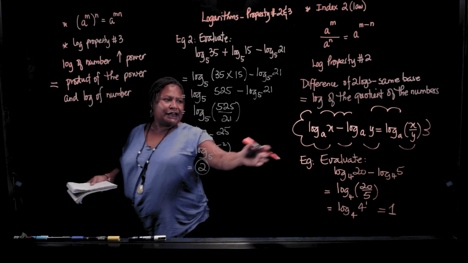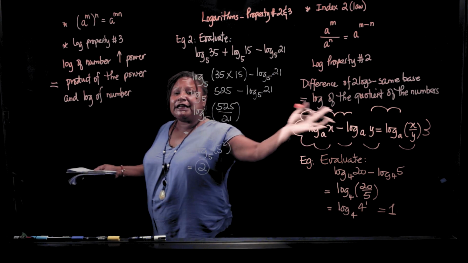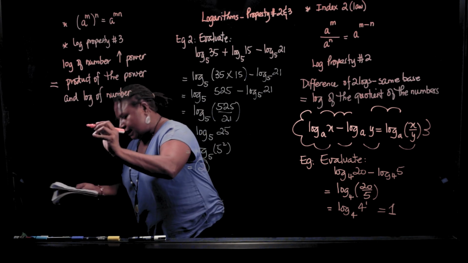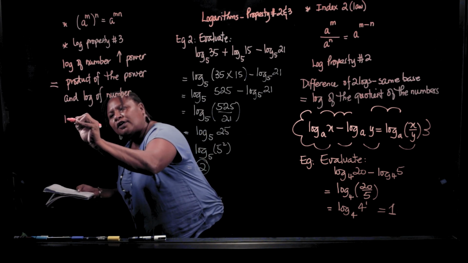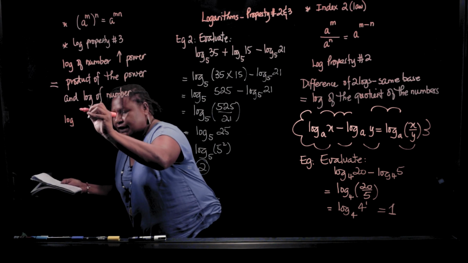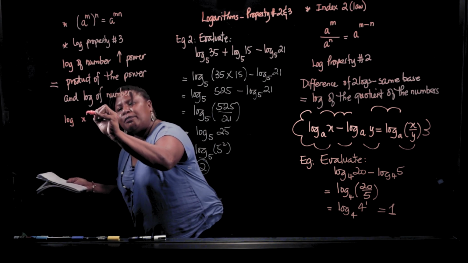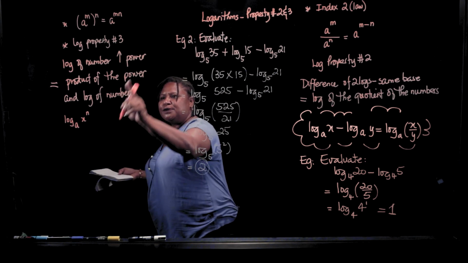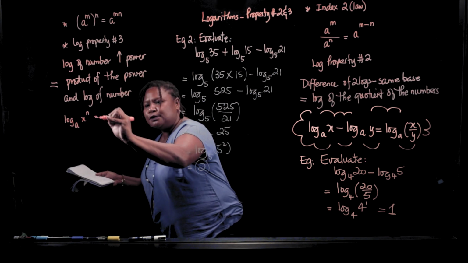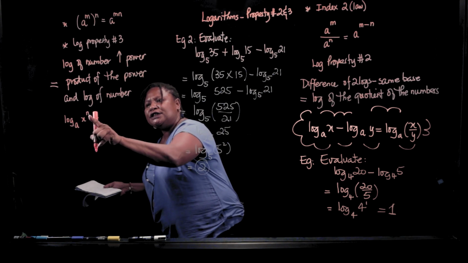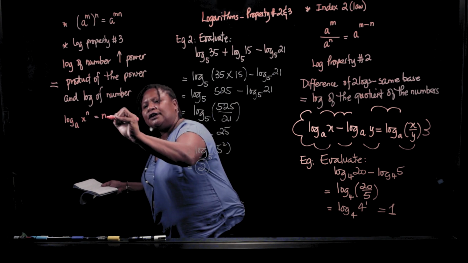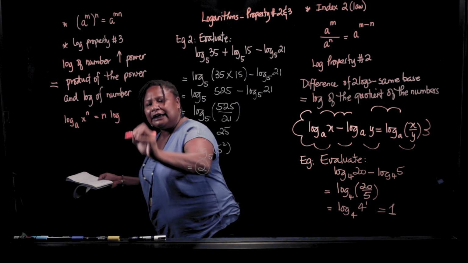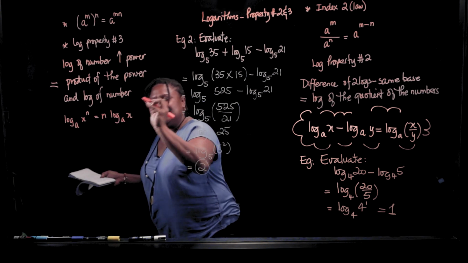So let's rewrite this again, so that it looks like this and is easier to follow rather than reading all these words. Okay, so the log of x to the power of n to base a, the log of a number raised to a power, is equal to the power, which is n, multiplied by the log of the number, that's x to base a.